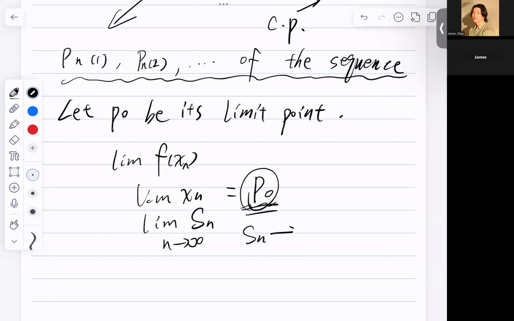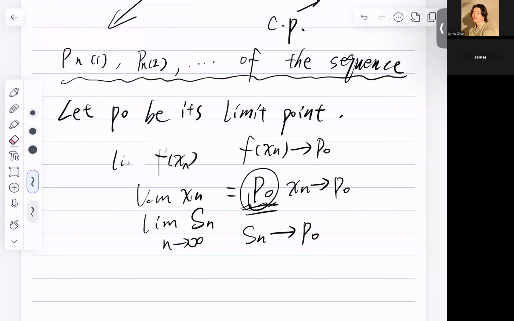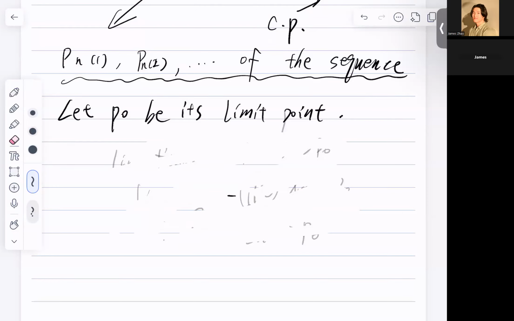So Sn is converging to P naught, Xn is converging to P naught. This is the point that your sequence is converging to. Okay, great. Let me erase all that.